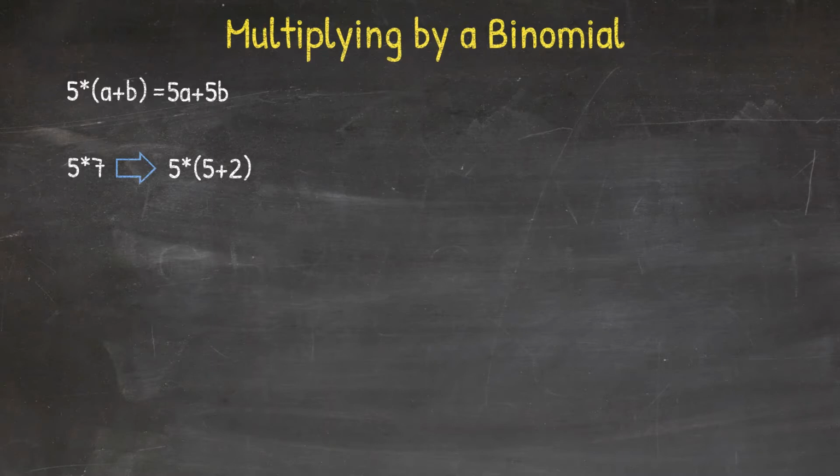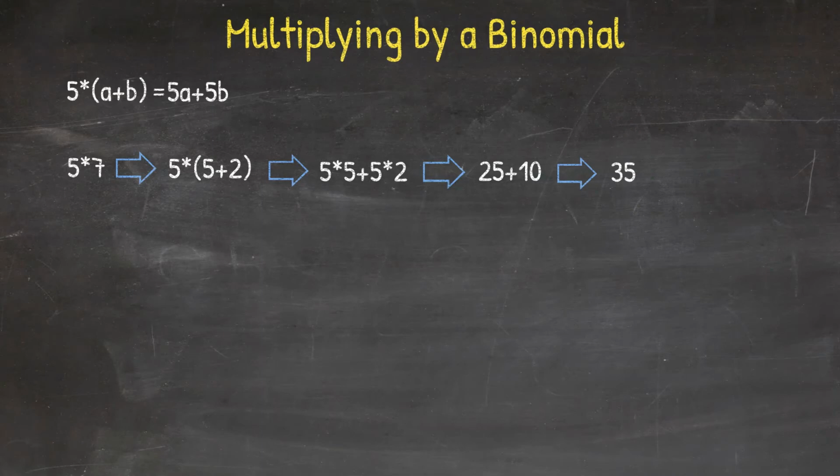As we discussed, the multiplication happens in order, where we multiply the outside unit by those inside the bracket in a sequence. 5 times 5 plus 5 times 2. And then as we move to the next step, as we know, priority of operation, we first multiply and then add. We get 25 plus 10, and that results in 35.